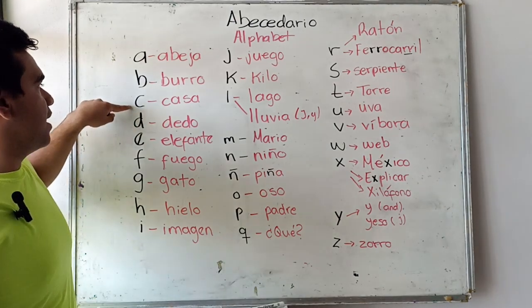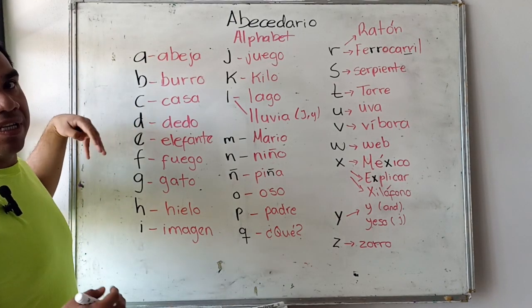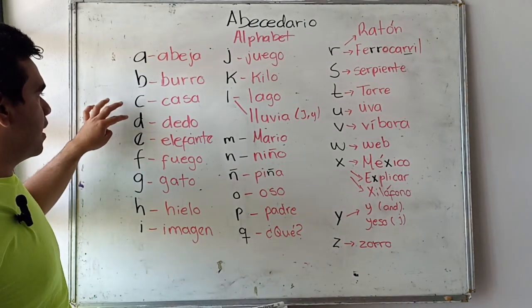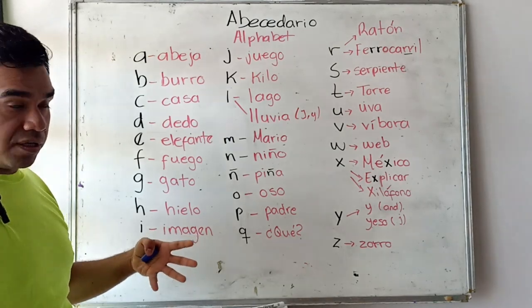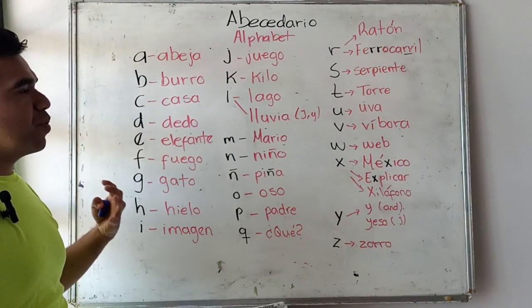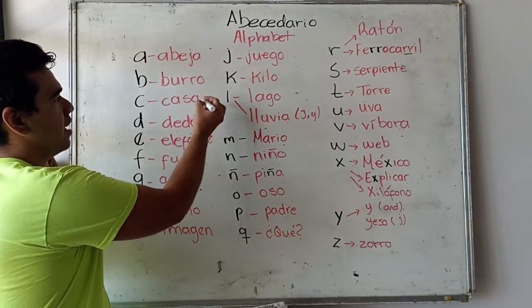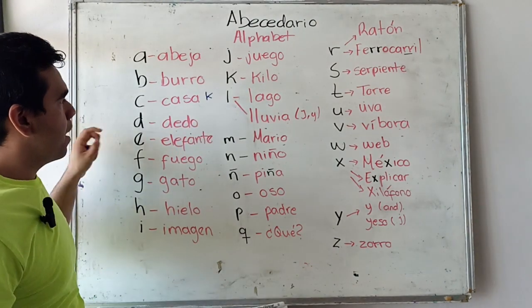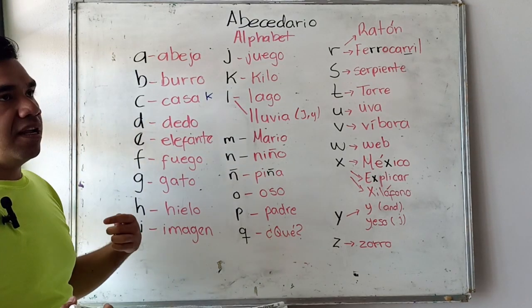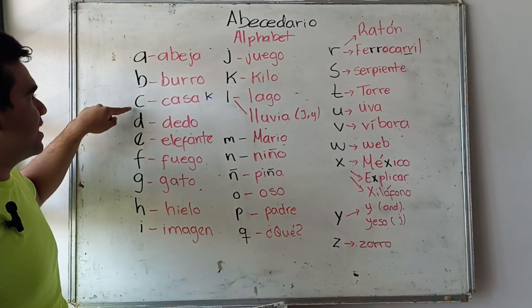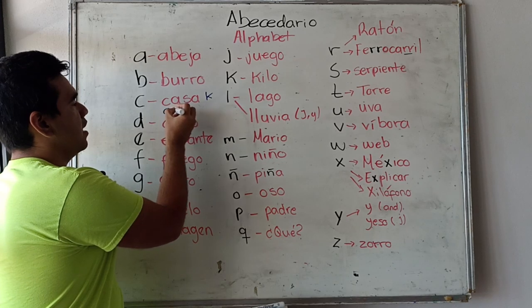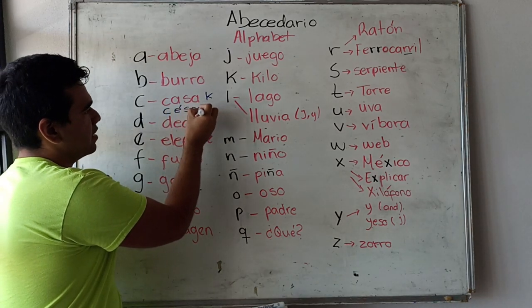But here, the letter C, depending on the vowels you're using, the sound is going to change. For instance, in casa it sounds more like a letter K, right? But if you combine the C with the letter E, it's going to sound like, for instance, as in César.